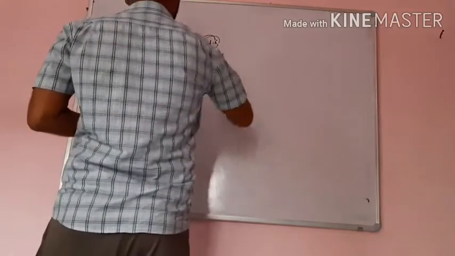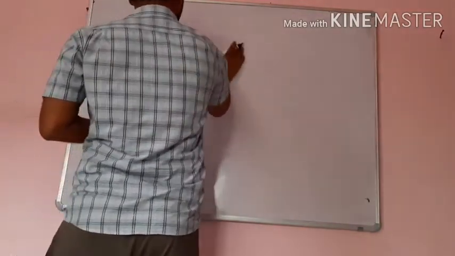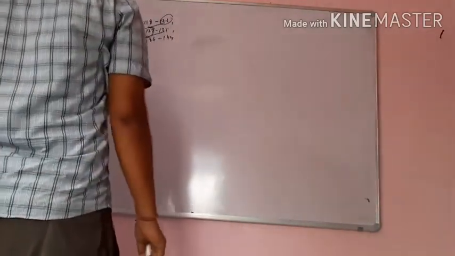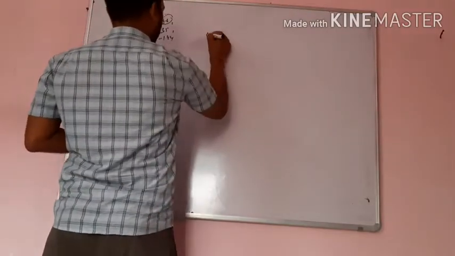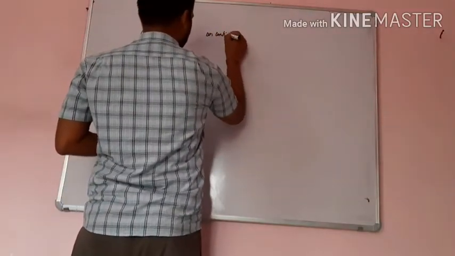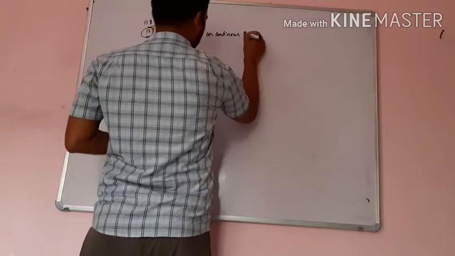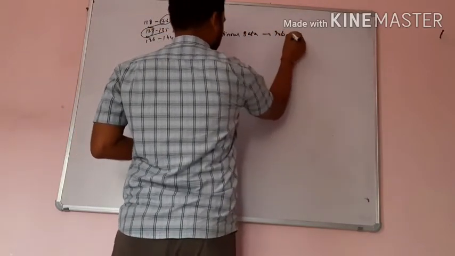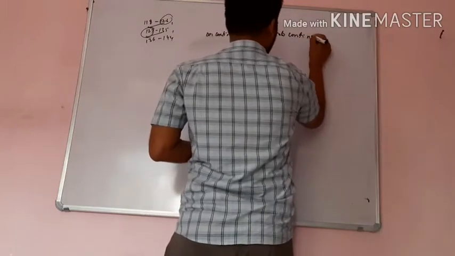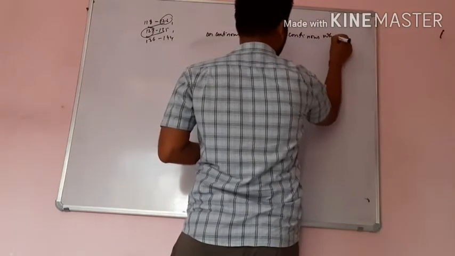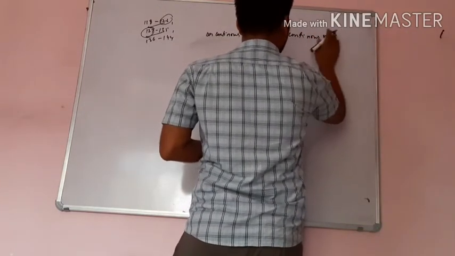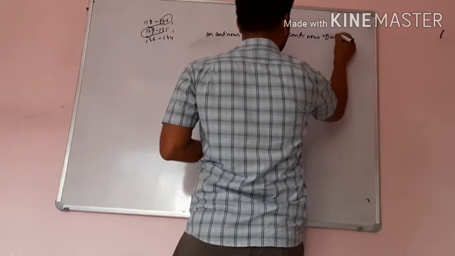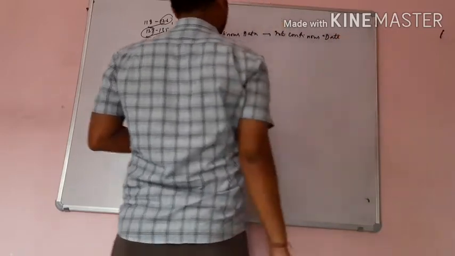For making uncontinuous data into continuous data, what do we have to do?